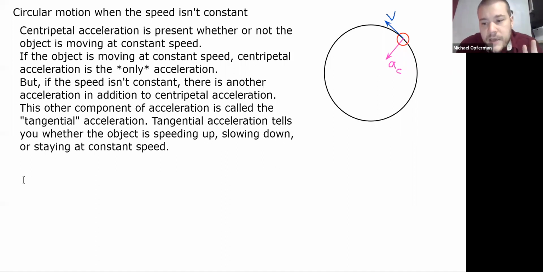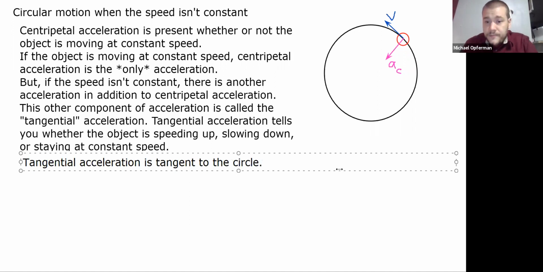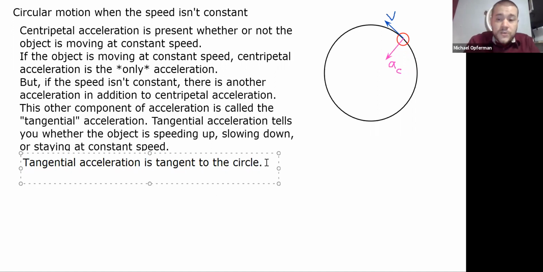So there are basically three possibilities. Tangential acceleration is tangent to the circle, obviously. Possibility number one, it could be in the same direction as v.